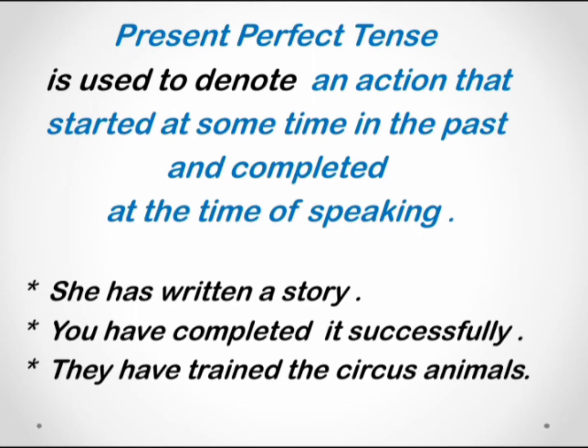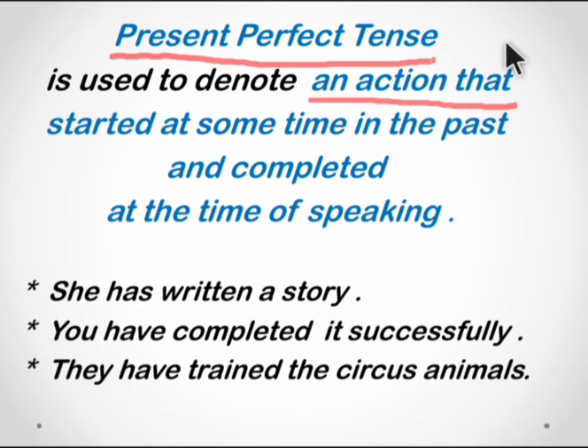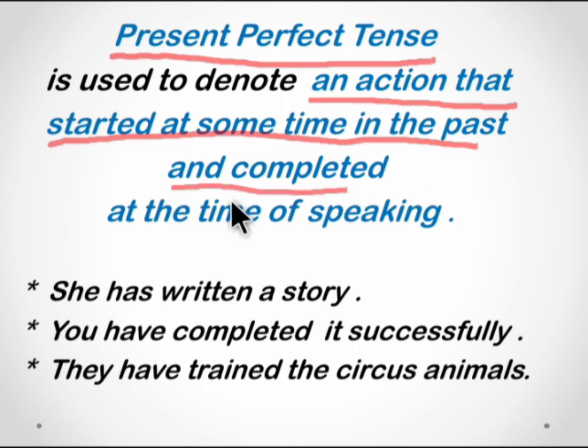Present perfect tense is used to denote an action that started at some time in the past and completed at the time of speaking. Present perfect tense means an action that began sometime in the past and completed at the time of speaking.